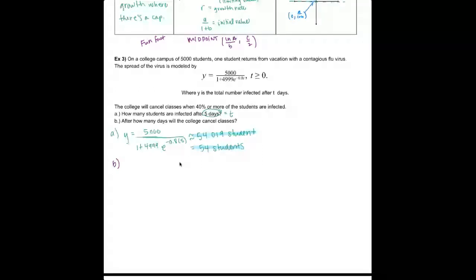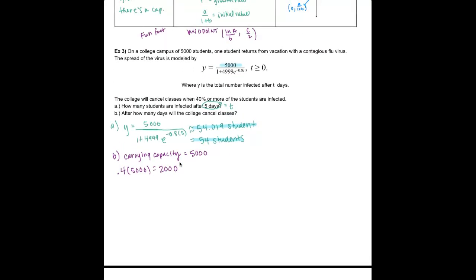Next, for part B, after how many days will the college be closed? And remember, it's 40% of our students infected. So think about, what is our carrying capacity? Look at the equation. The numerator here is our A value, so we have a carrying capacity of 5,000.